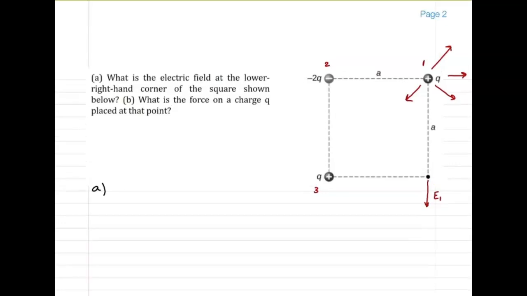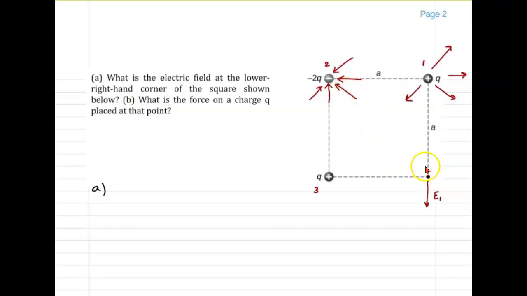Now, the electric field due to charge 2 is going to look different because it's negative. The electric field lines will go towards the charge like this, in every direction, towards the charge. And we are interested in what this field is at this point right here.